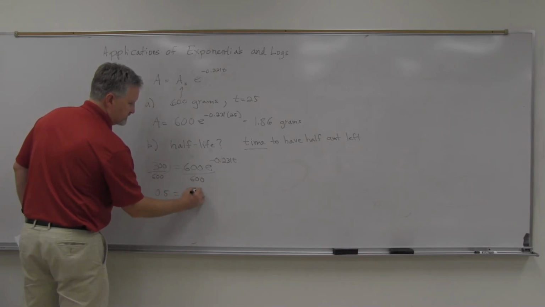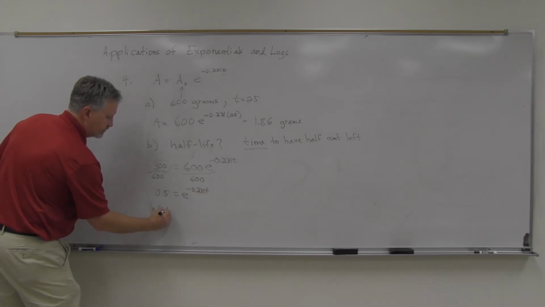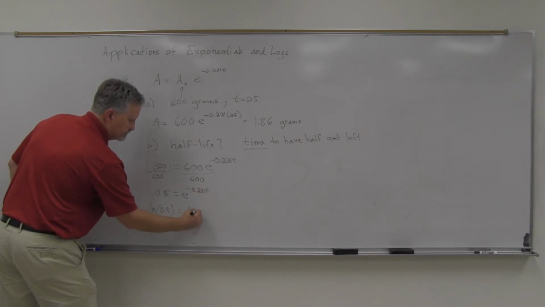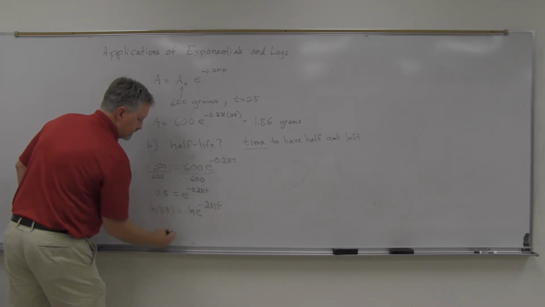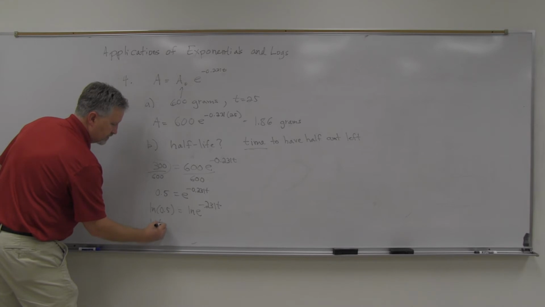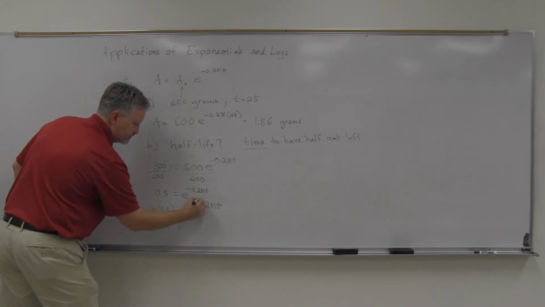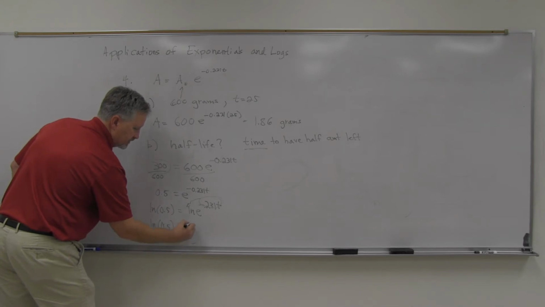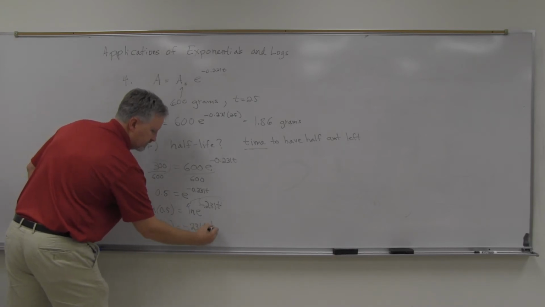Take ln of both sides. The power comes out: negative 0.231t. The ln of e is 1.